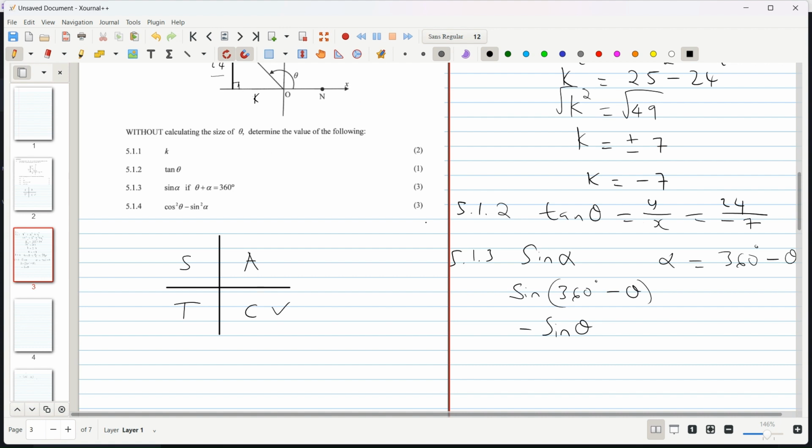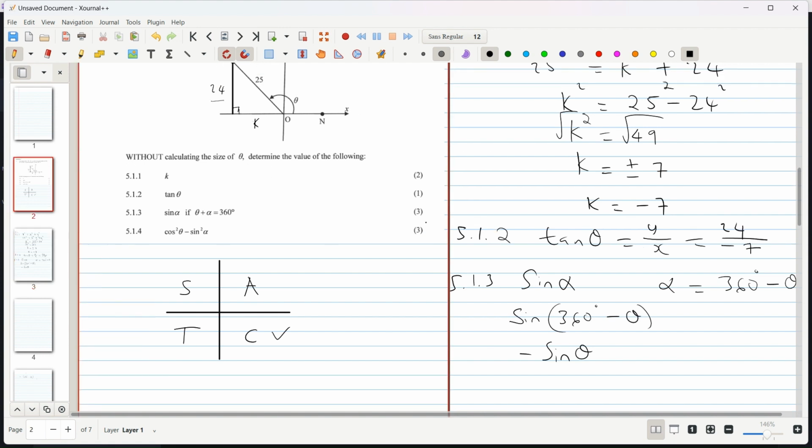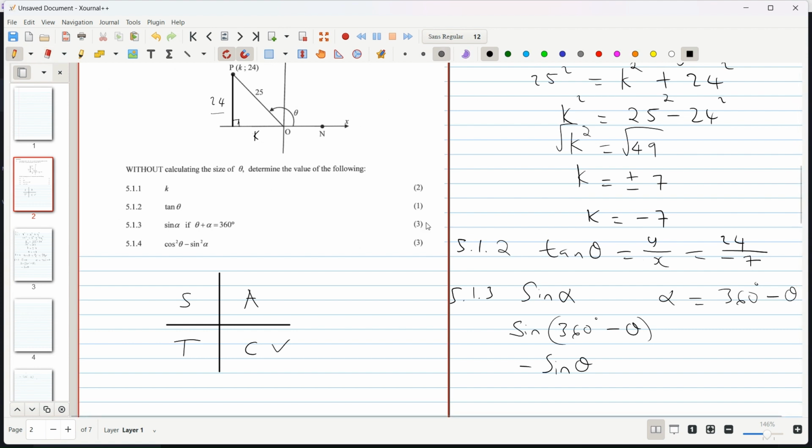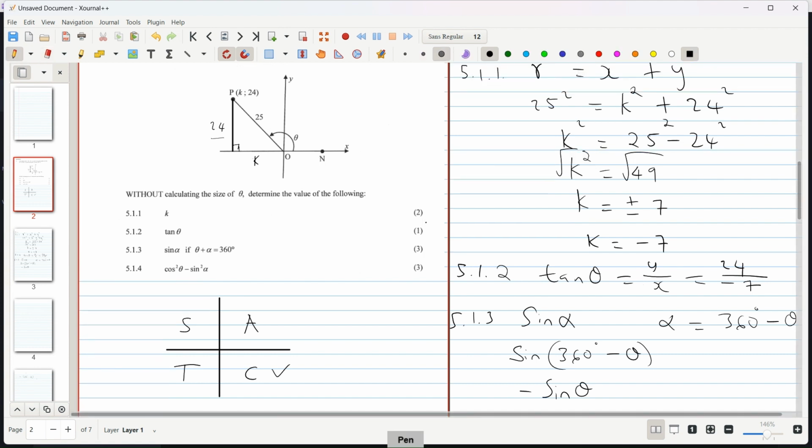So we already determined, if we look at this function here, we know our theta here. So from here, we need to determine our sine theta.